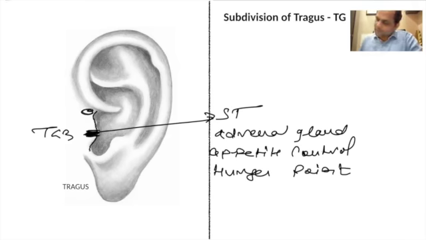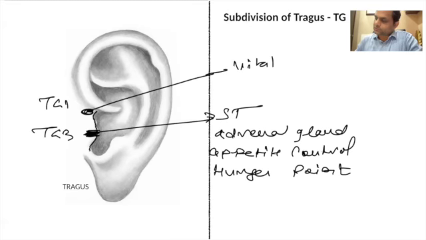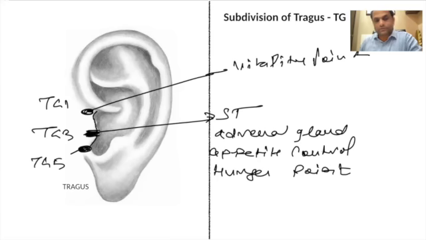The upper part we have already told you, tragus 1, that is the vitality point. Then the lowermost part I already told you, tragus 5, that is the tranquilizer point.